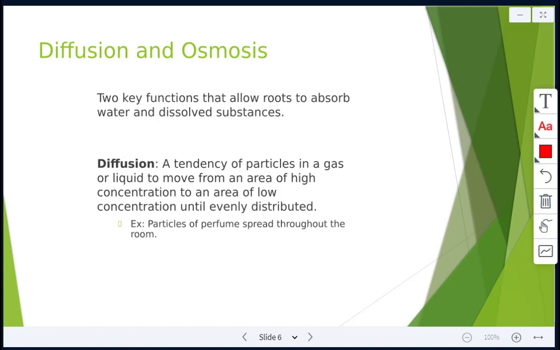So for example, if we spray perfume on one side of the room, we're able to smell it on the other side of the room, and that's because the particles of the perfume are spreading throughout the whole room until they're evenly distributed. So that is diffusion.